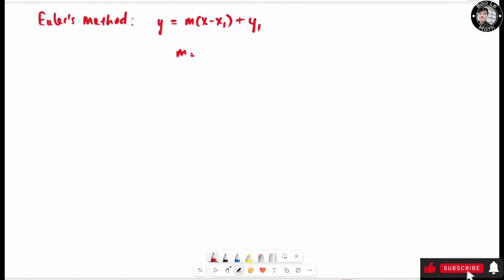Where m equals dy over dx and x minus x1 is the step size. Sometimes we're going to name step size as h or delta x. y1 is the value of y the first time.